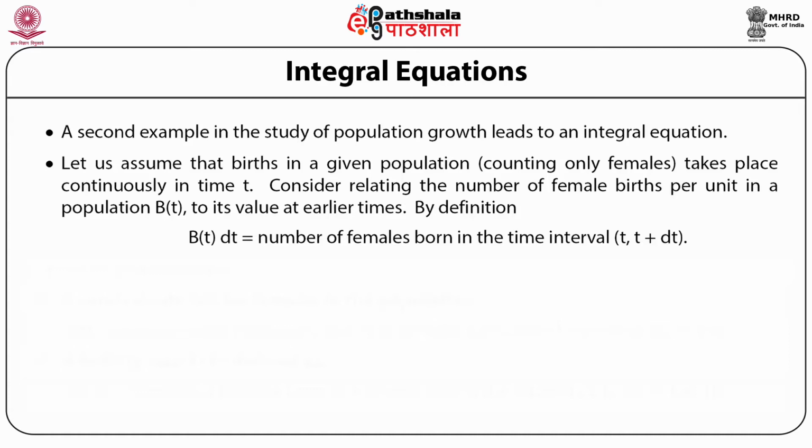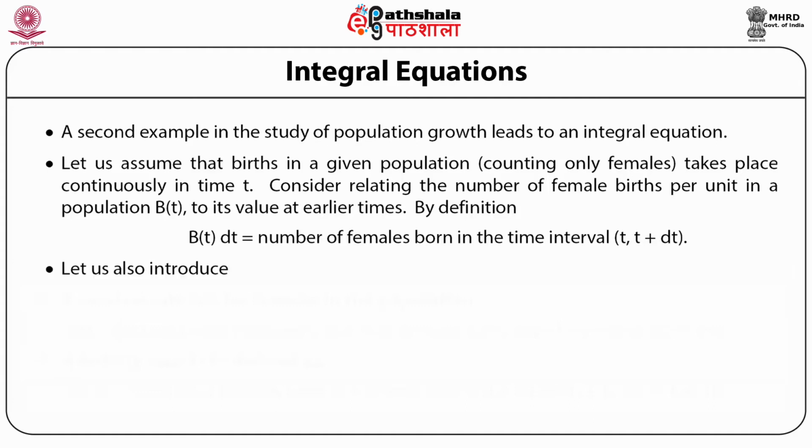Then we consider the relation of B of t to its value at an earlier time. By definition, B of t dt is the number of females born in the time interval between t and t plus dt. Now, out of this population, there will be a survival rate because some of the members will die out, and there will be an increase in population because of the fertility rate, because new baby girls will be born.